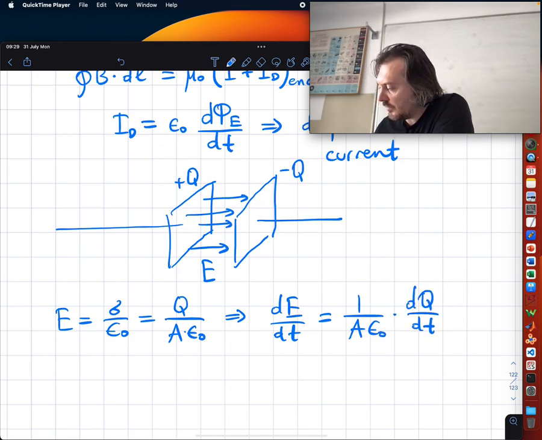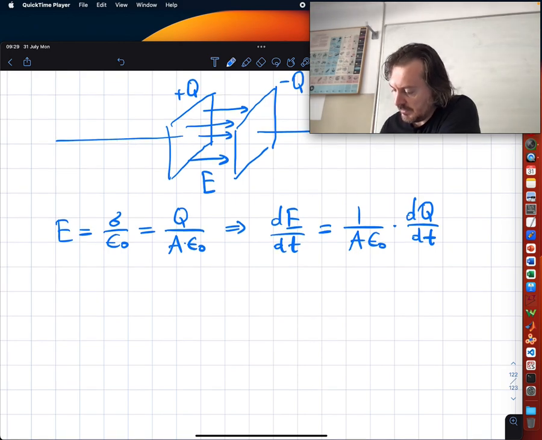What is dQ over dt? I. It is I. Very good. Then I can write I equals epsilon 0 A times dE over dt.